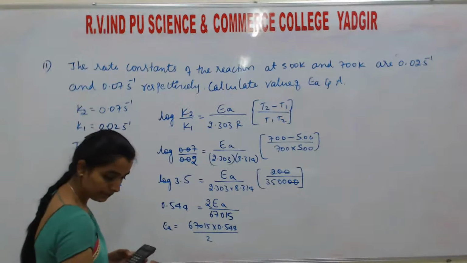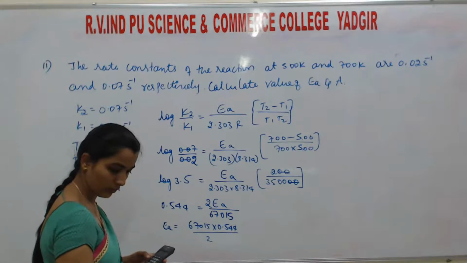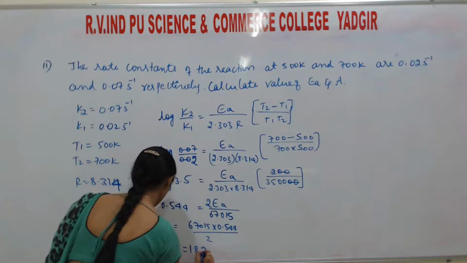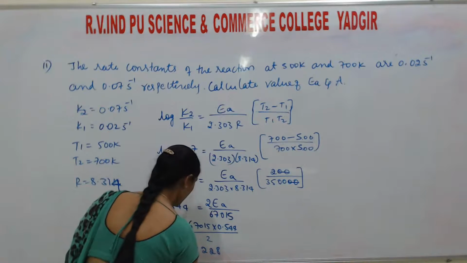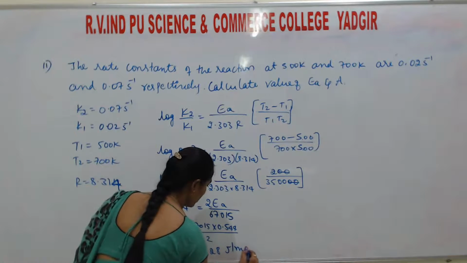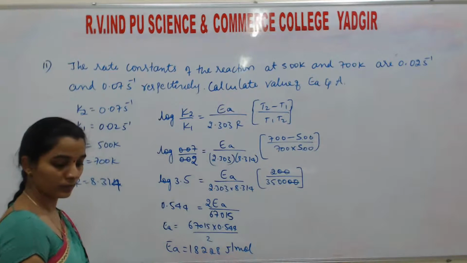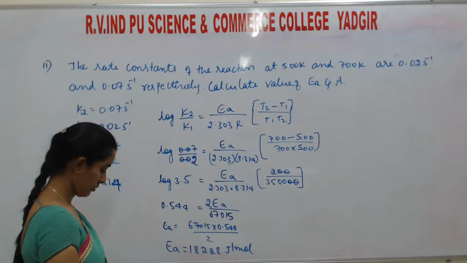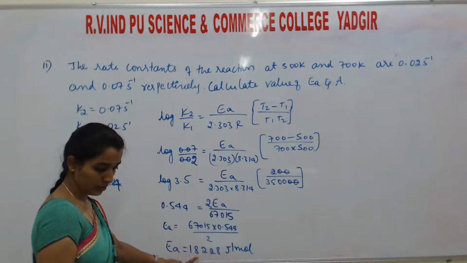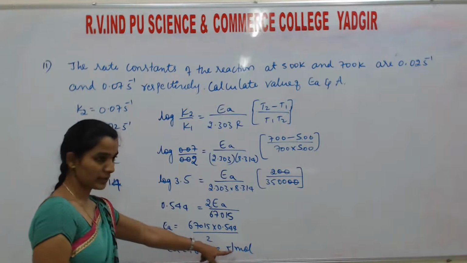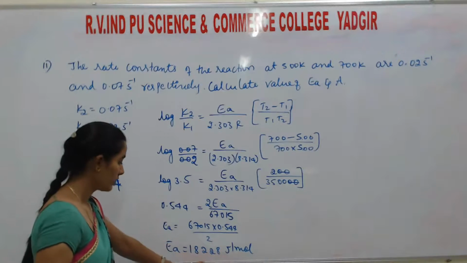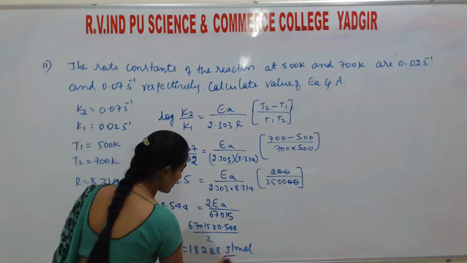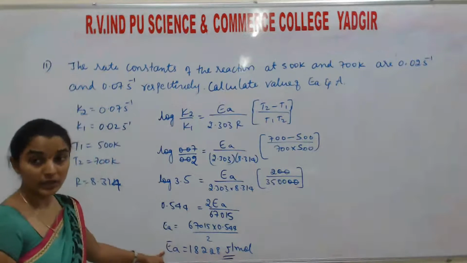That will be EA is equal to 18228 joules per mole. Or you might take it as 18.228 kilojoules per mole also. Okay, this one is joules per mole. We got what? The EA value.